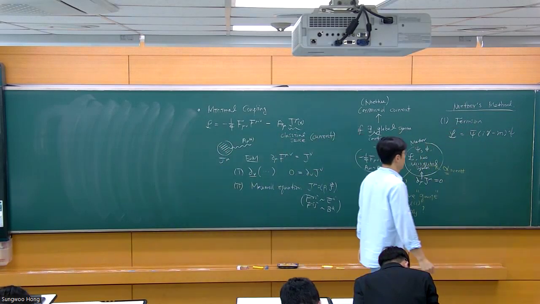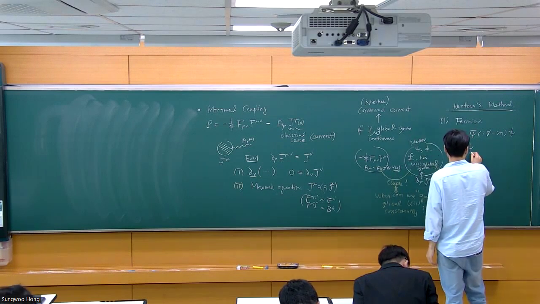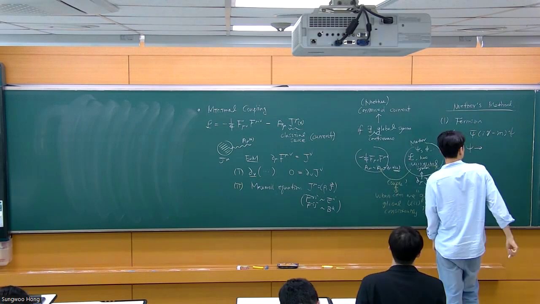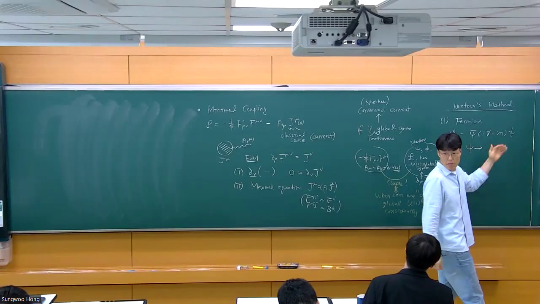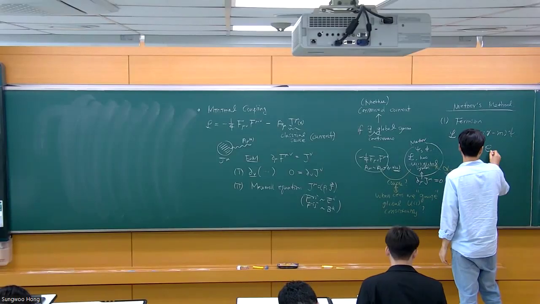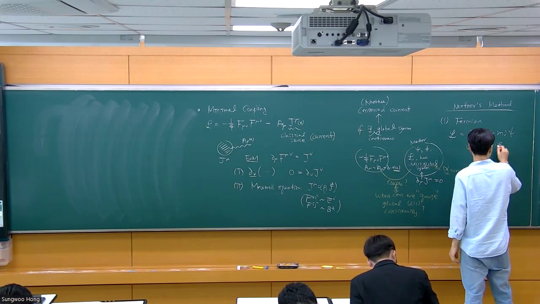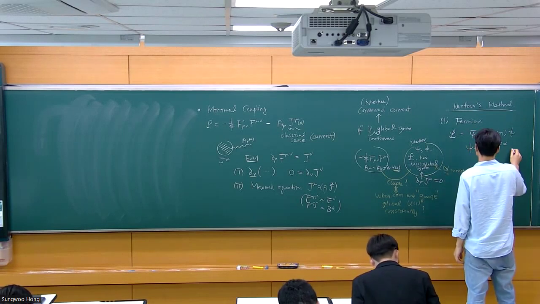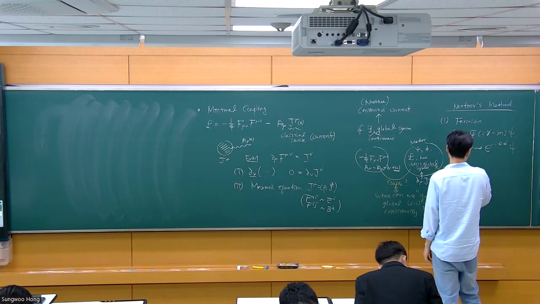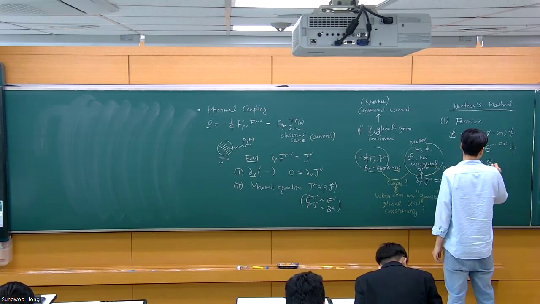Okay, so this thing has a global U(1) transformation. Here I'm taking the single fermion, so I have psi going to e to the minus i e alpha psi, and psi bar will transform oppositely.